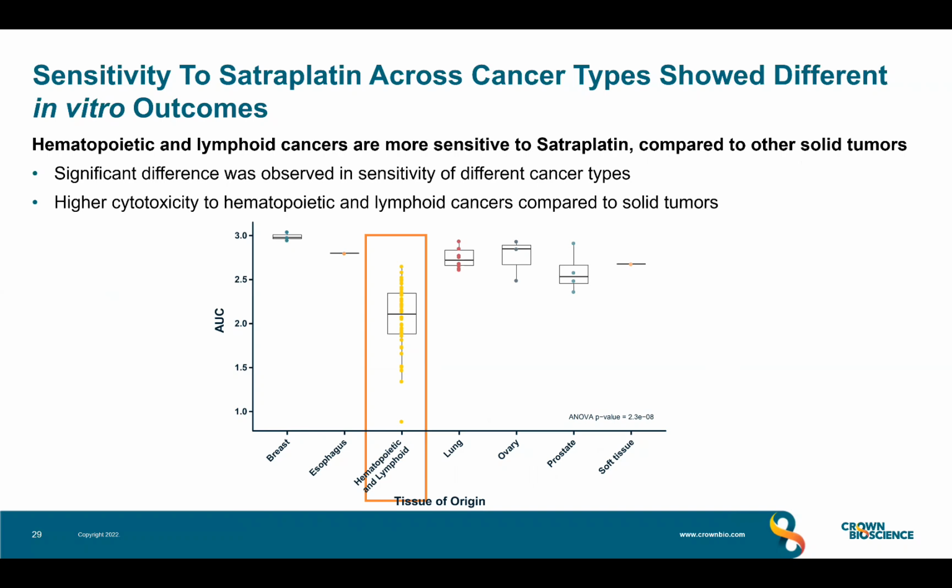The AUC distribution revealed that the hematopoietic and lymphoid cancers show much higher sensitivity to satraplatin than the other tested solid tumors.